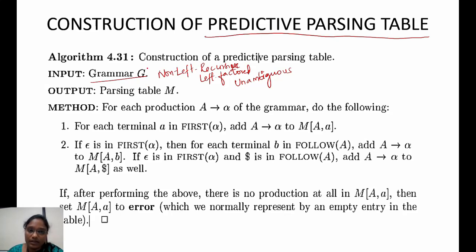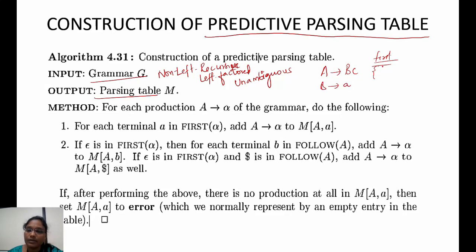So we have the grammar, and the output would be this parsing table. How we do that is, for every production of the grammar, say A gives alpha, we need to do the following things. For every production, we need to find the first of it.